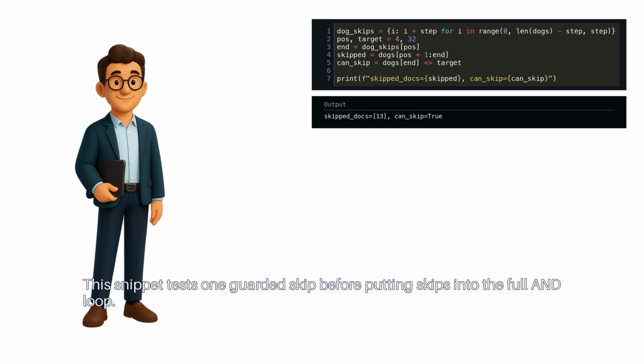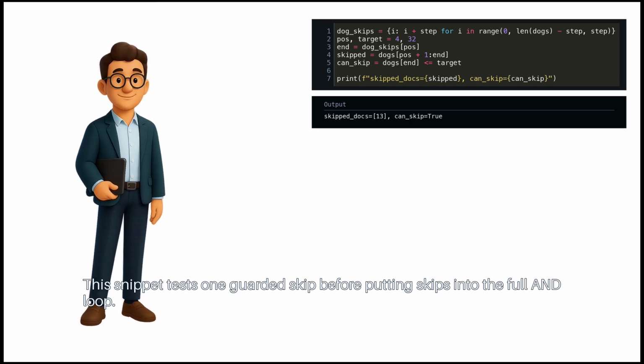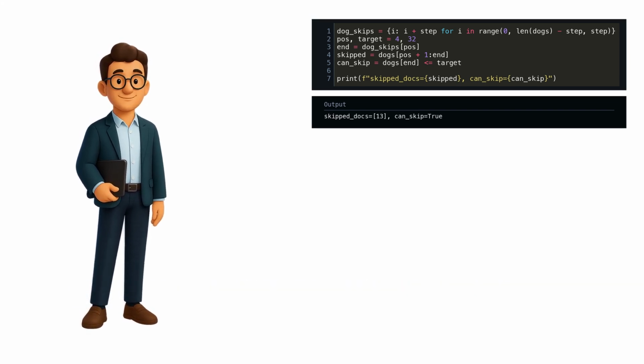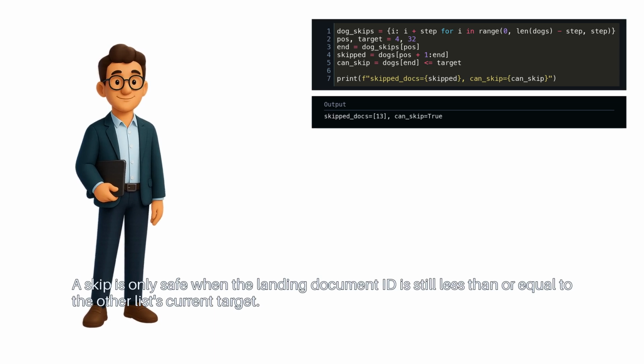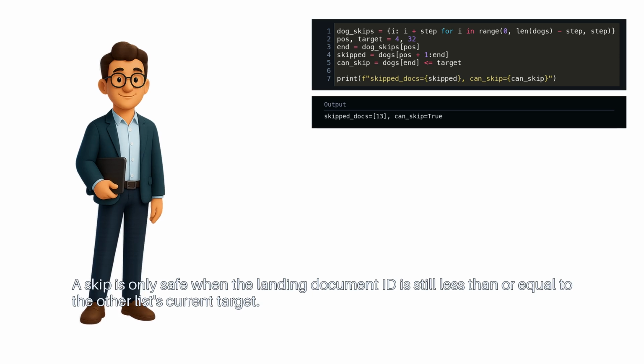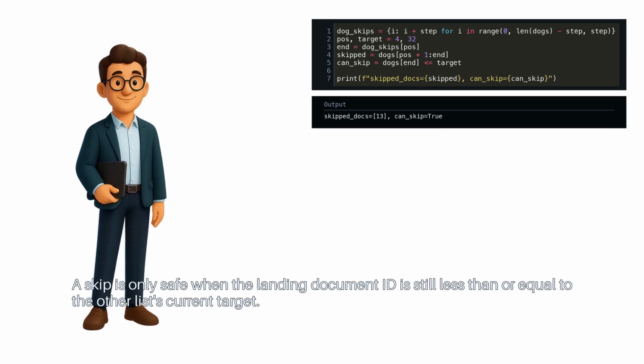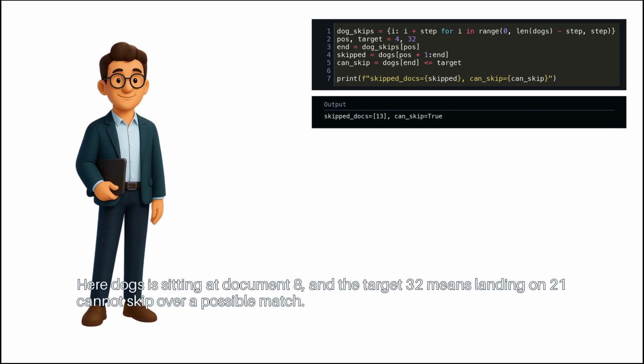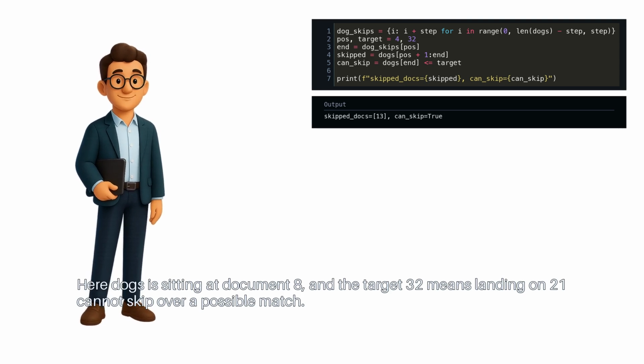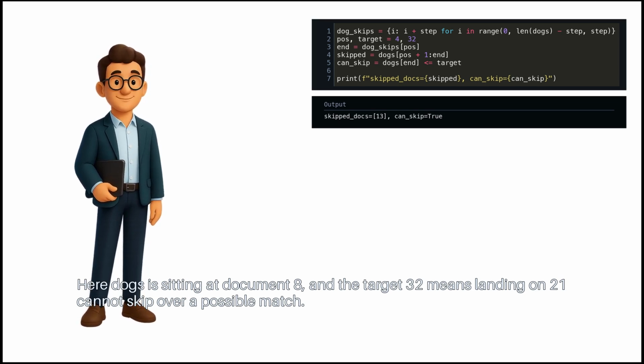This snippet tests one guarded skip before putting skips into the full AND loop. A skip is only safe when the landing document ID is still less than or equal to the other list's current target. Here dogs is sitting at document 8, and the target 32 means landing on 21 cannot skip over a possible match.